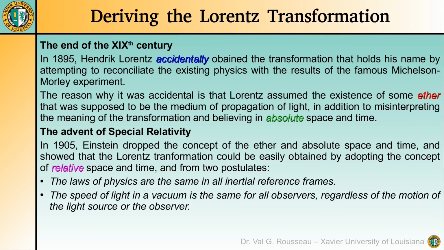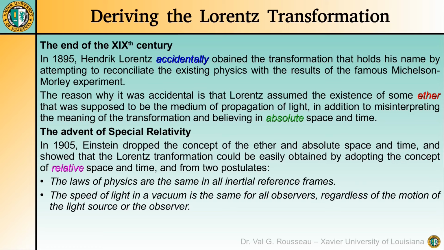I say accidentally because not only did he assume the existence of some ether, a medium of propagation for light, which we nowadays know doesn't exist, but also because he supported the concept of absolute space and time and misinterpreted the meaning of the transformation. In addition, his theory was still assuming Newton's mechanics to be exact, which we know is not the case.